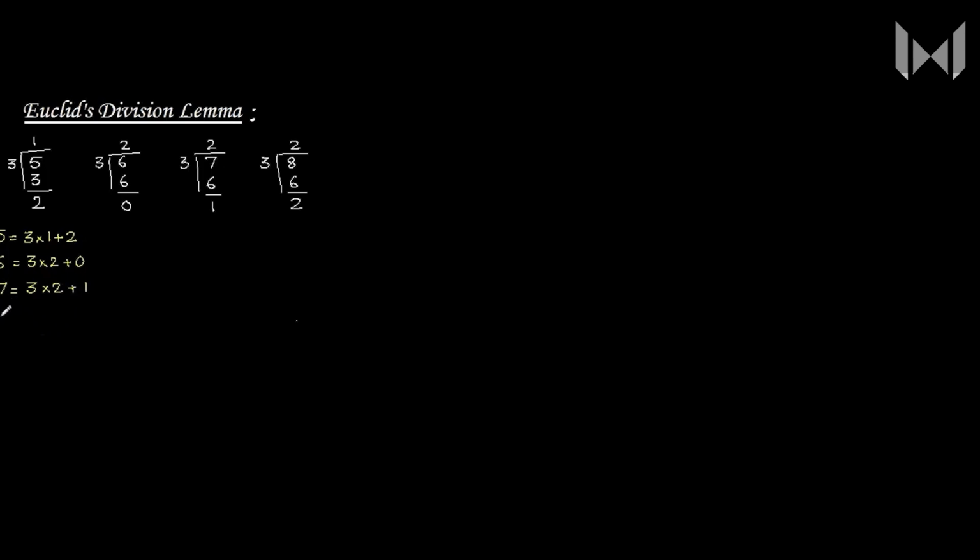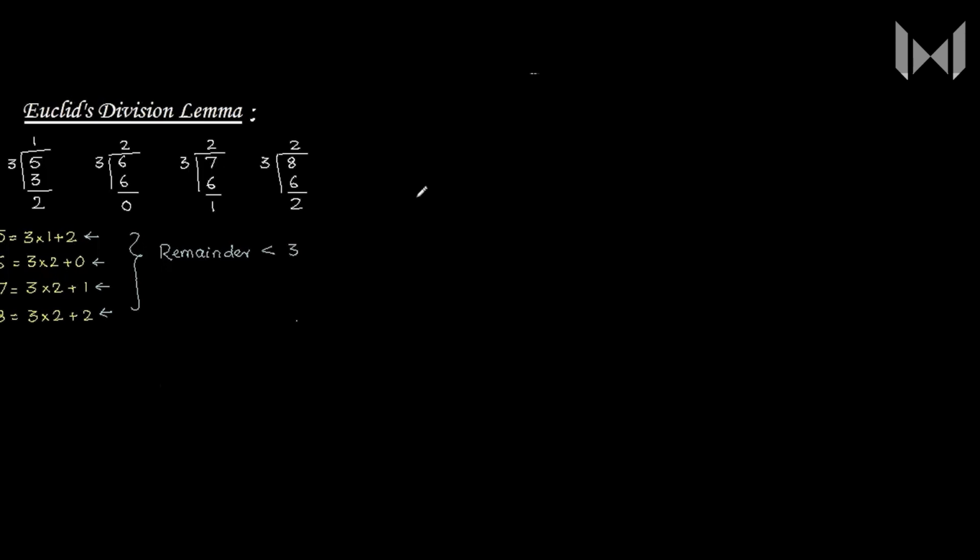In the fourth case, 8 is equal to 3 into 2 plus 2. Now, if you look at all these remainders, 2, 0, 1 and 2, they are all smaller than the divisor. Remainder less than the divisor, that is 3.